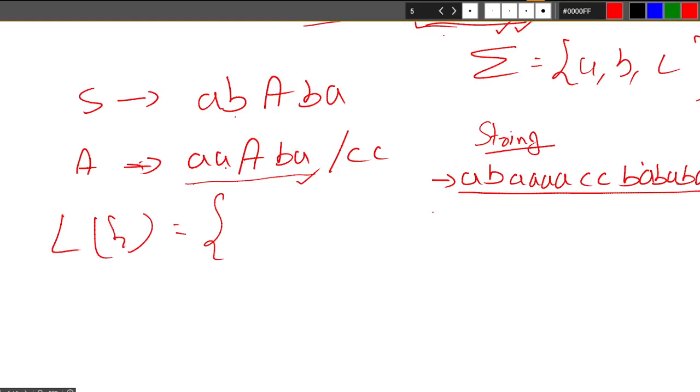Okay, let me take another string. It can be something like A, B, A, C, C, B, A, B, A, B, A. Is it possible?